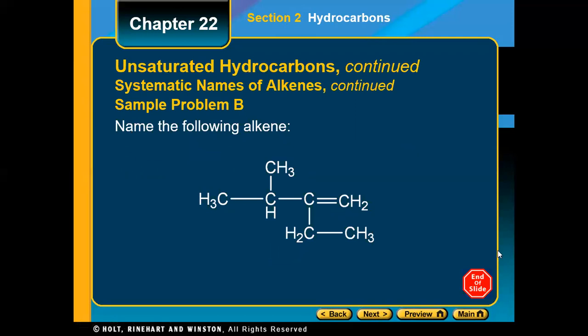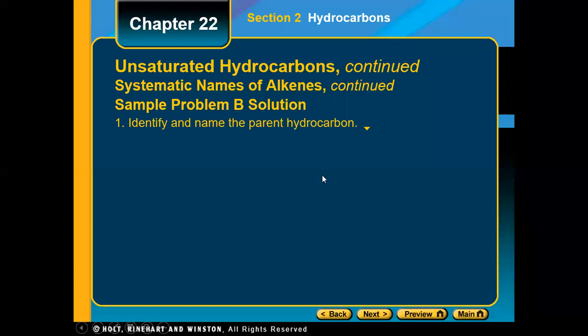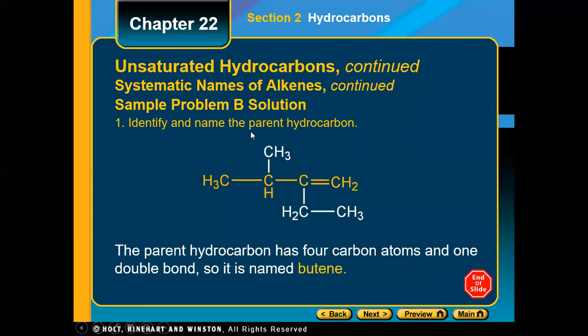Okay, so for that compound, the first step is to identify the longest chain, which is the parent chain, the most important chain, which is the one that contains the double bond, of course. You could go from the bottom to the left, up, and then right, but it's going to be the same thing as just continuing straight.